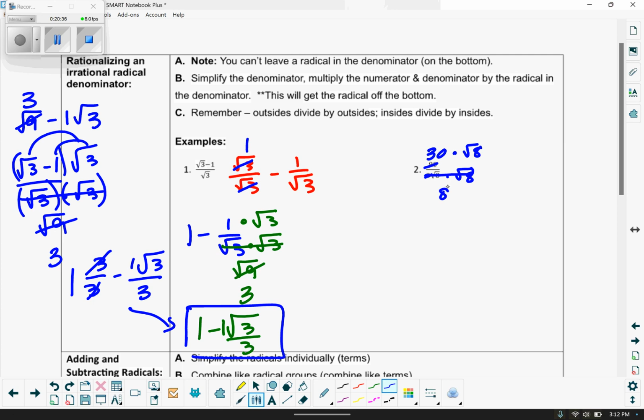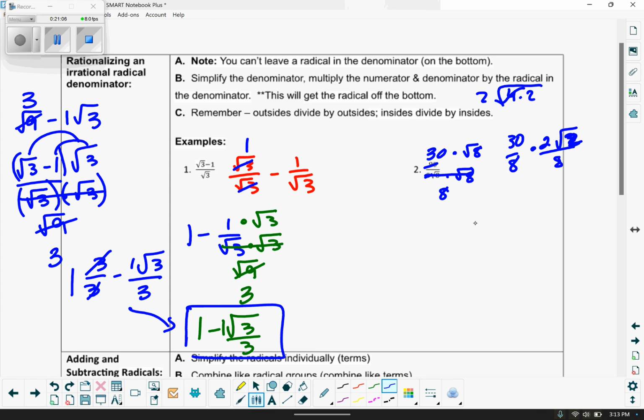Then I get 8 on the outside. But 8 breaks down. I should have probably broken that down first. That's going to be 4 times 2, so I'm going to have 30 radical 8 over 8, and radical 8, hopefully you guys know, is 4 times 2, which is going to be 2 radical 2, so 2 radical 2 over 8.